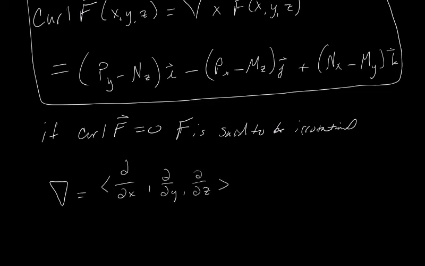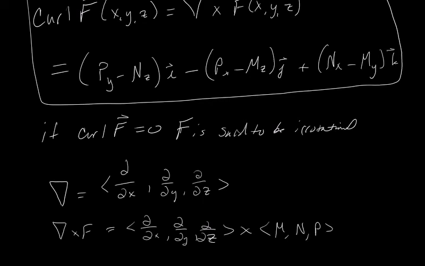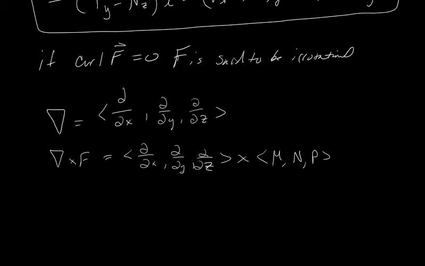Then you're crossing that with f, which is the vector, well, here, I'll just write it down. We're getting the partial x, partial y, partial z, right? And we're crossing that with m, n, p. Okay, so that's what's going on there. So we're taking the partial derivative of m with respect to x, and we're putting that into our cross product. Okay, yeah, clear as mud.